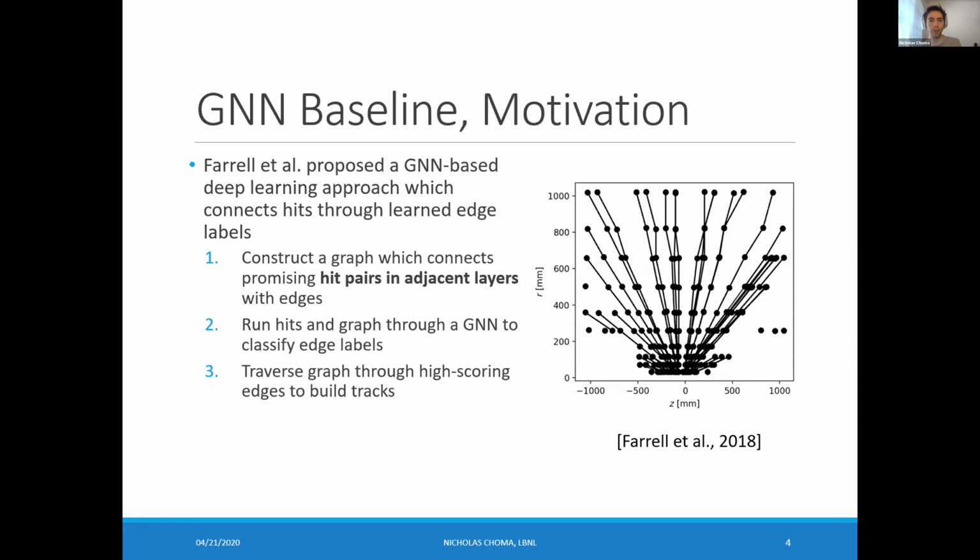In particular, they look at hit pairs on adjacent layers. In order to use a graph neural network, you need to have a graph, and in this case you want it to be as sparse as possible. Once you have those edges, you can just traverse through the graph to form tracks. If your edges are perfect, then you'll get a perfect 1.0 TrackML score.